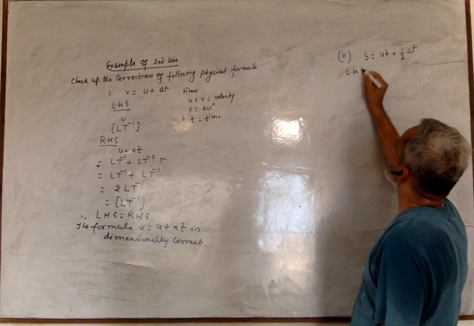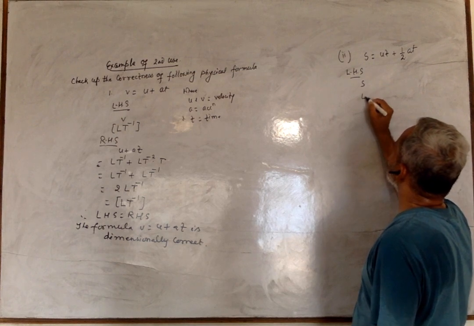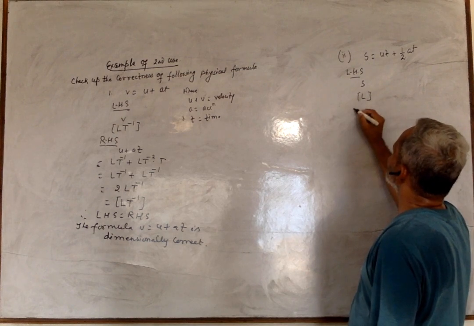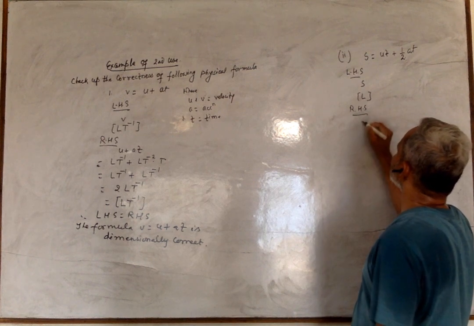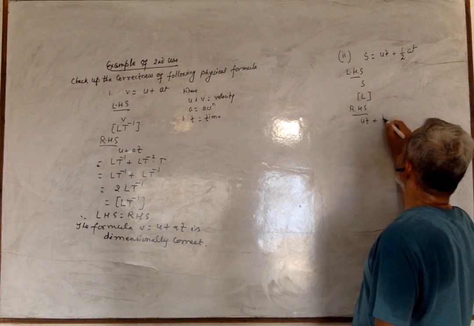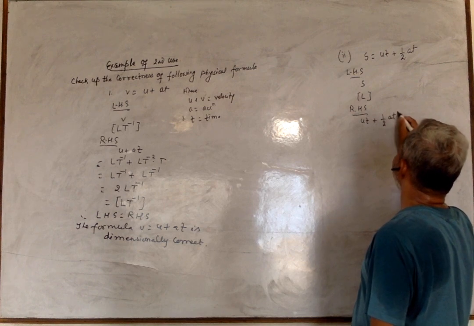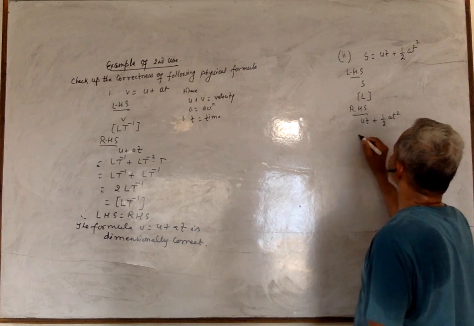LHS, S: the dimension of S is L. RHS, ut plus half at square.